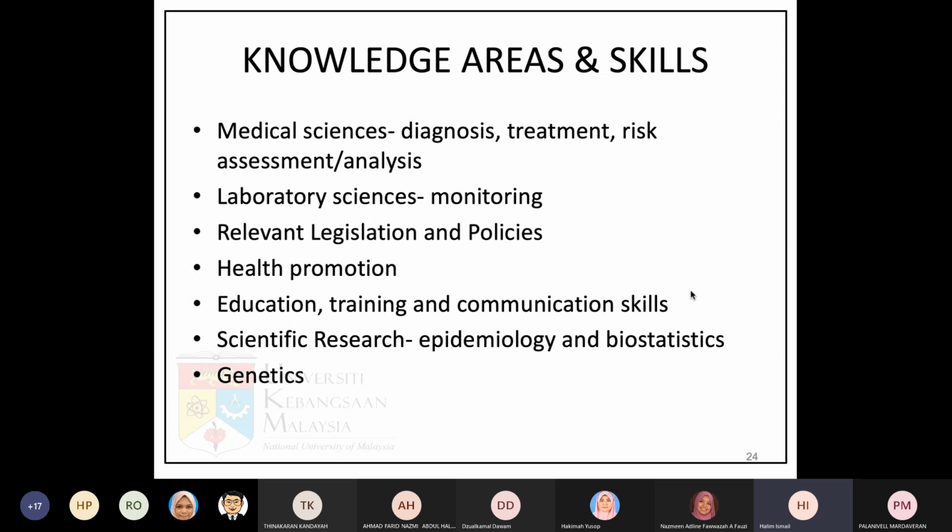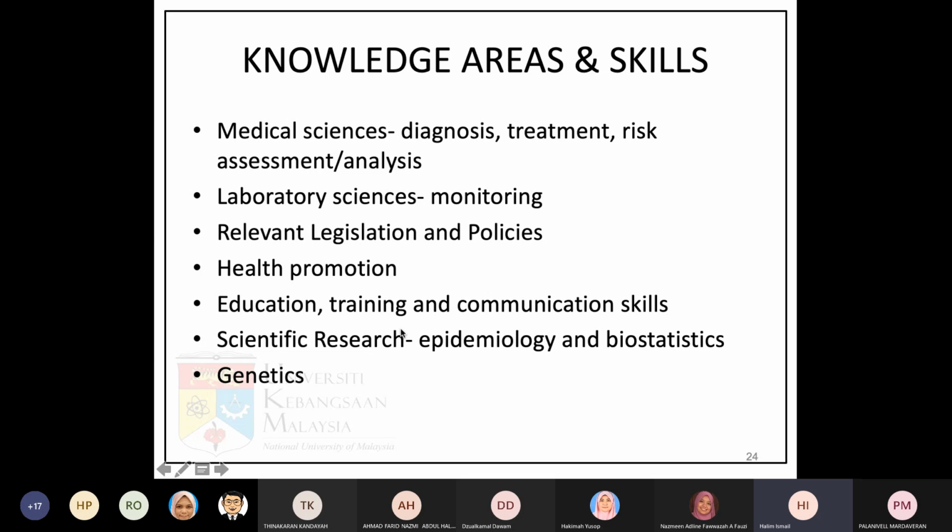Okay. In terms of scientific research, epidemiology and biostatistics, sama lah scientific research. Because now everybody is talking about evidence-based medicine. Yeah? So you cannot simply ask for money to do something without any evidence base, right? Especially if you want to do program and so on and so forth.